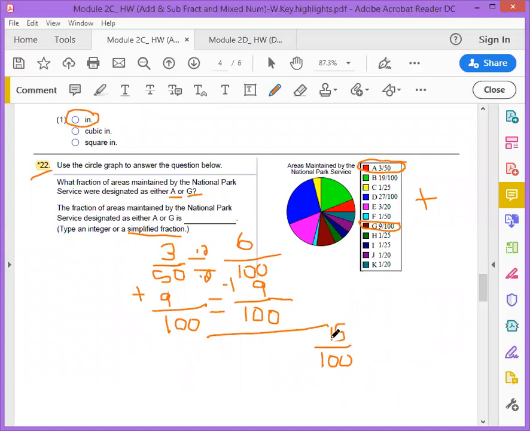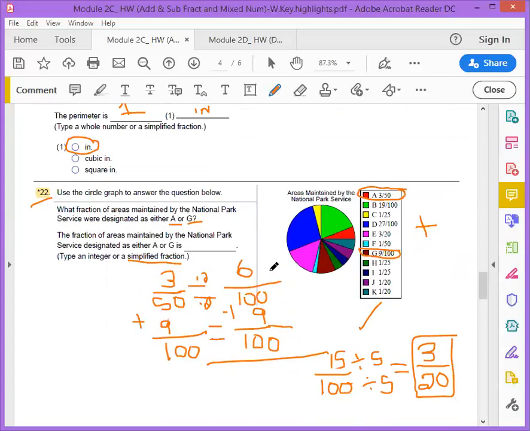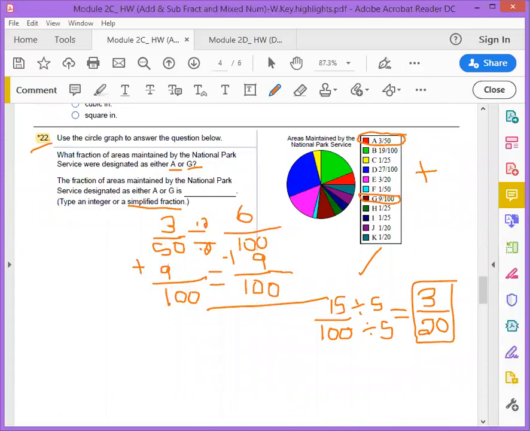We can divide both the numerator and the denominator by 5. 15 divided by 5 gives us 3 in the numerator. In the denominator, 100 divided by 5 gives us 20. So 3 over 20 would be our simplified answer. And we'll stop there. That's the last example for Module 2C.